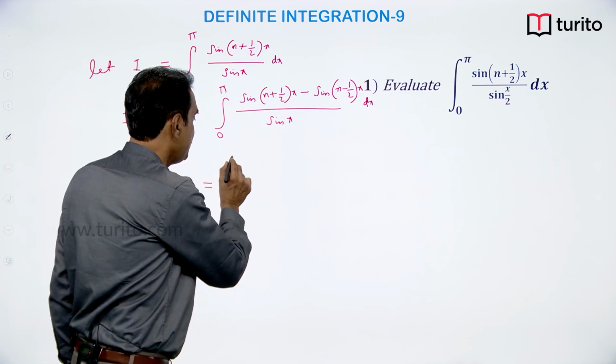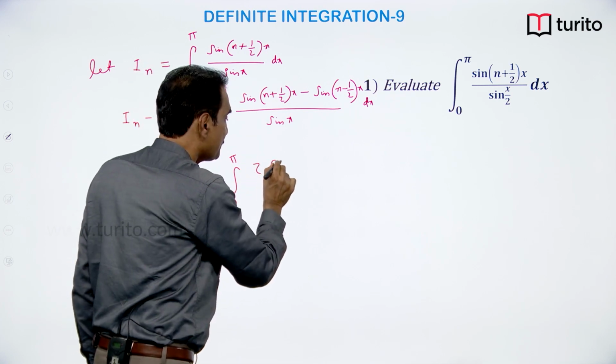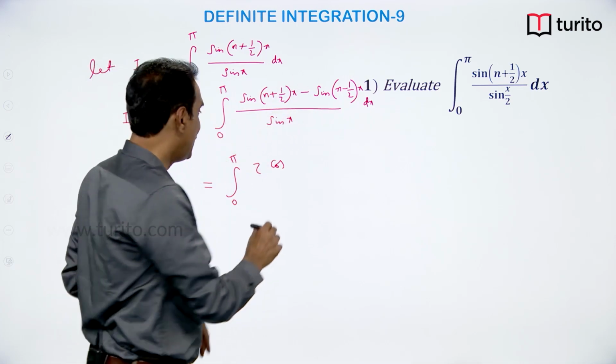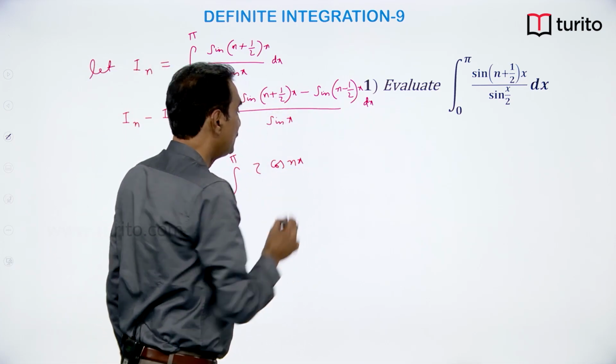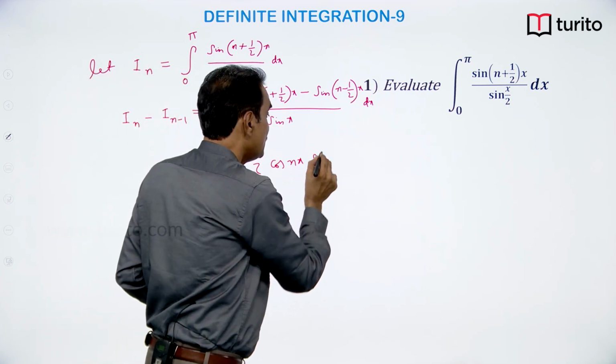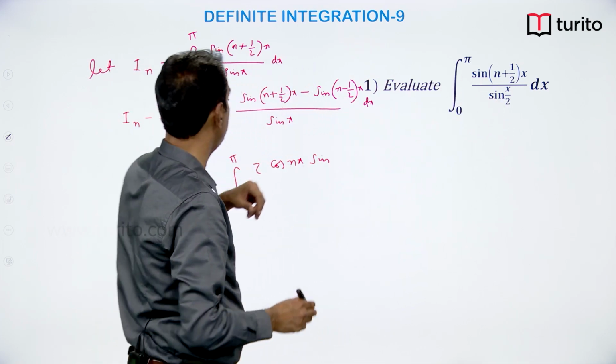integral 0 to pi, 2 cos c plus d by 2, this plus this by 2 will be nx, into sin c minus d by 2. Oh, sorry, the denominator is sin x by 2.